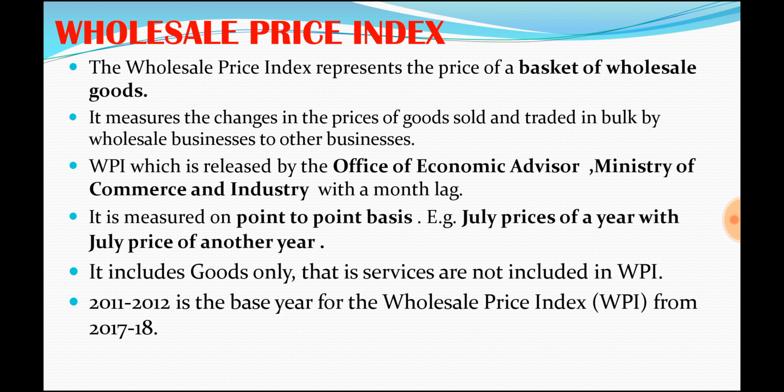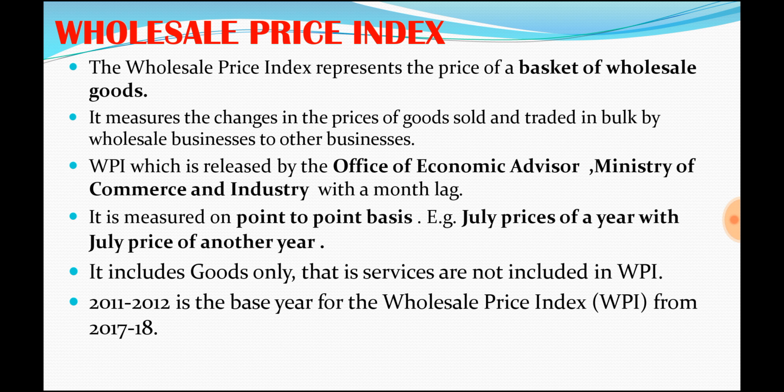See, generally if somebody is taking an account of something for one year, what will they do? Generally in accounting, they will start from 1st April to 31st March, right? But what point to point means is 1st April to 1st April of the next year. That is what point to point basis means. So the wholesale price index will measure like that.